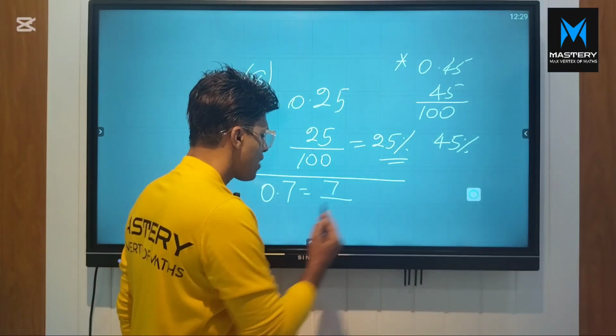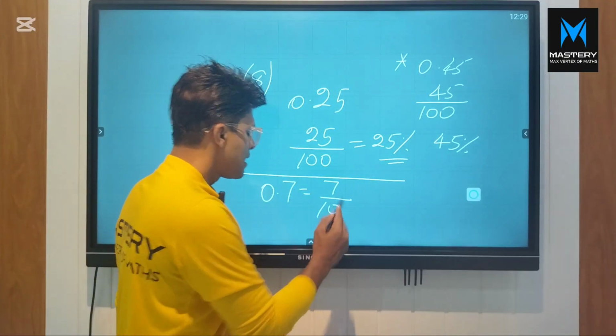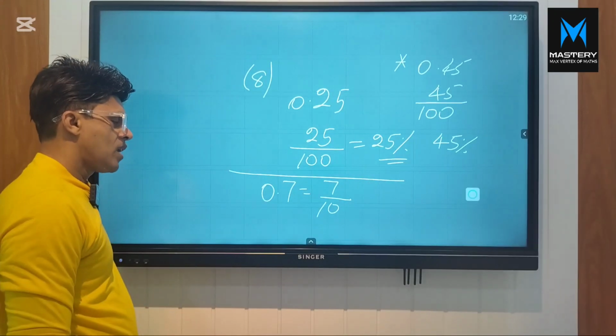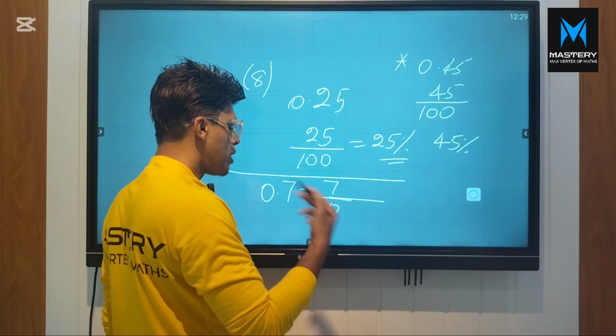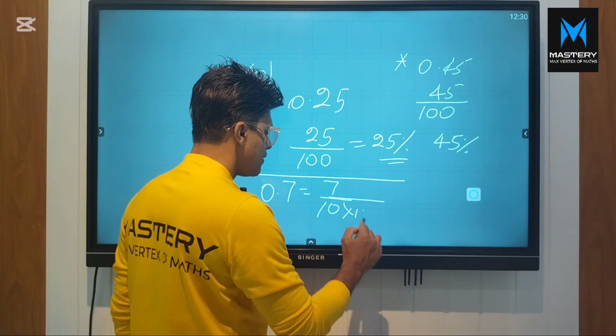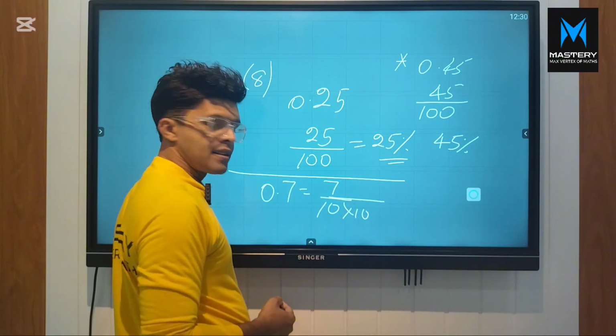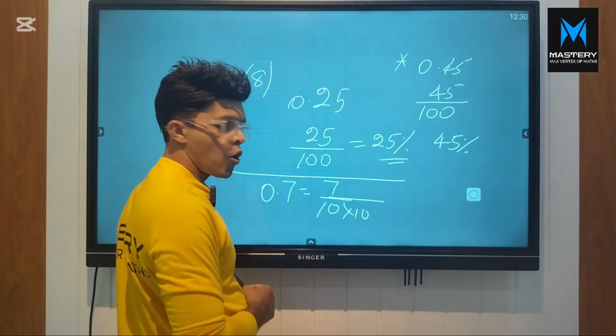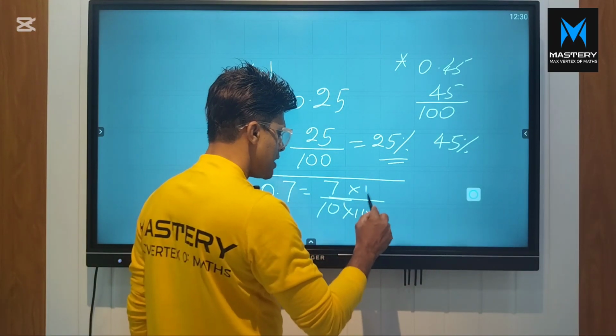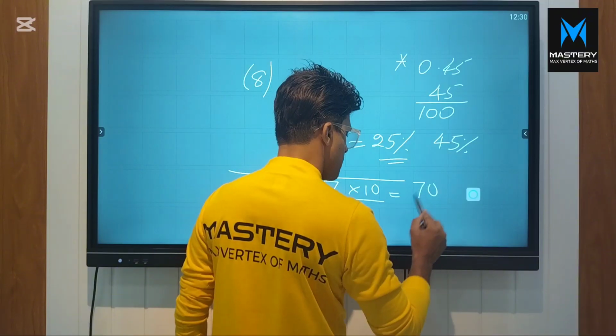Yes, firstly we could write this one as 7 over 10, and then 7 over 10 can be converted into out of 100. Therefore, the denominator can be multiplied by 10, and the numerator as well can be multiplied by 10.